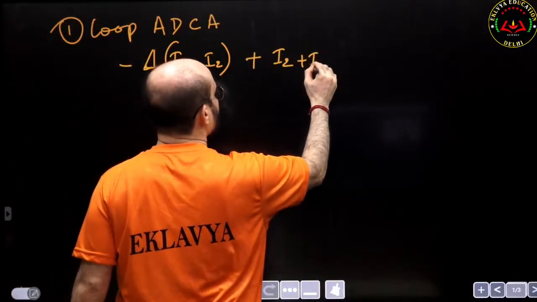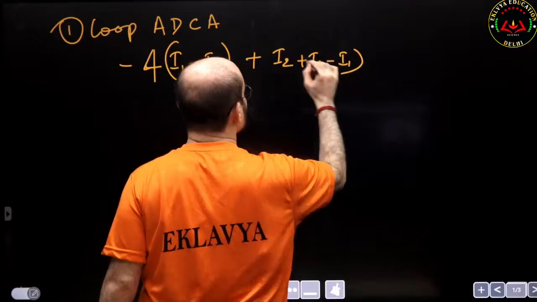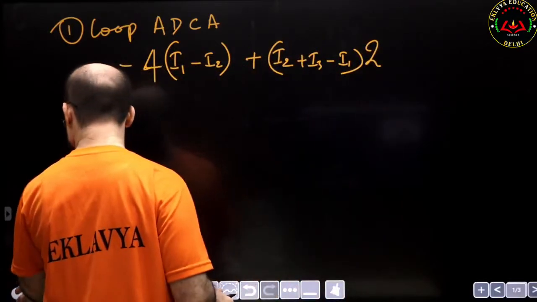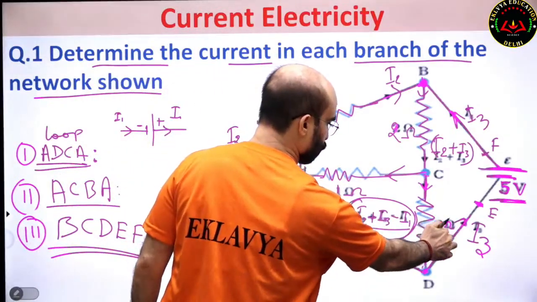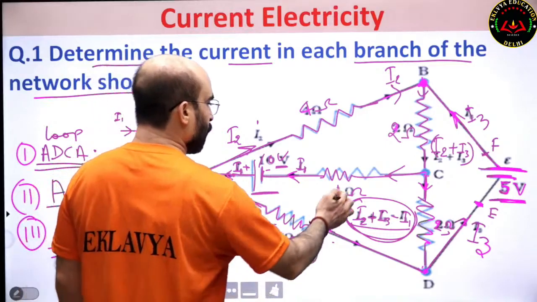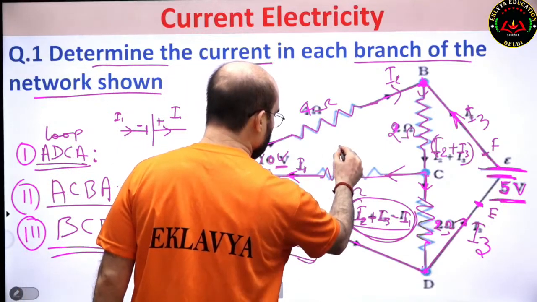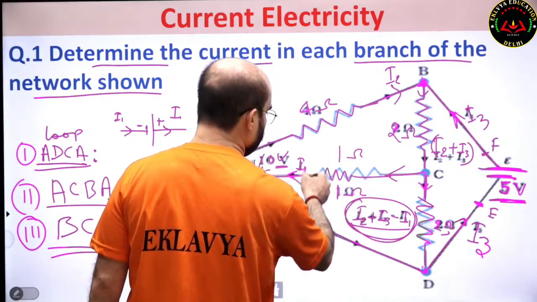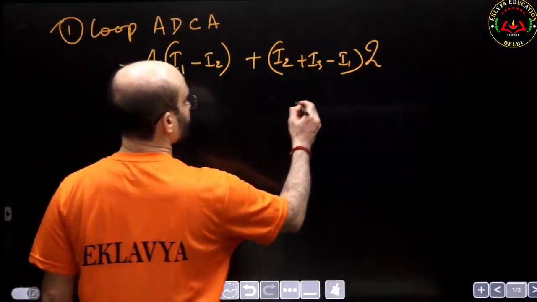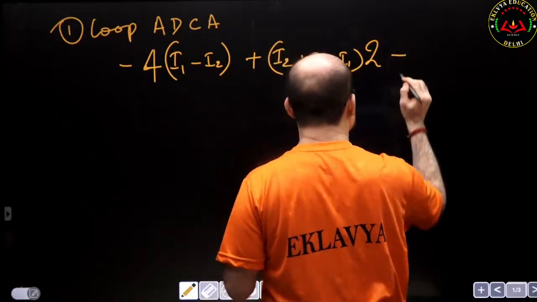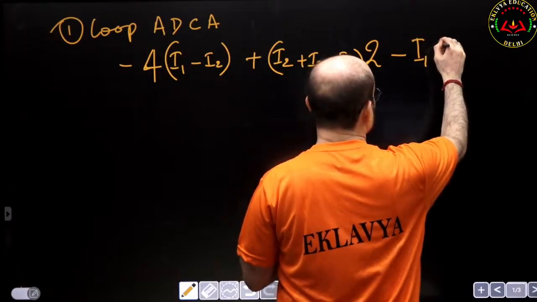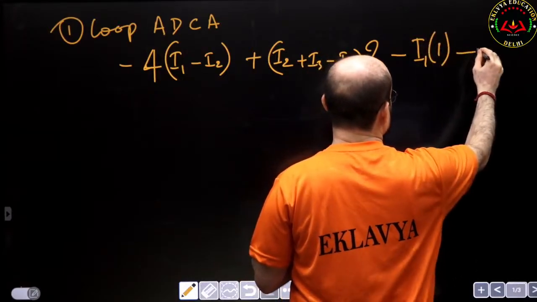This is 2 ohm resistor. Now from C to A, we have this resistor 1 ohm. What is the potential difference across this? Current is I1 and resistor is this. So we are again moving in the direction of I1, so I1 into 1.